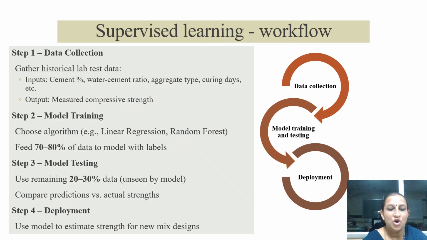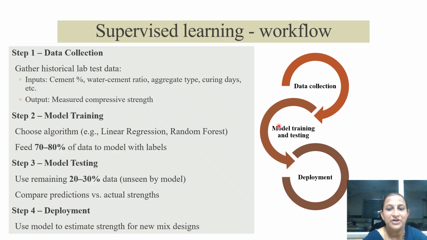The steps involved: the first step is data collection, where the data required to predict the concrete compressive strength will be collected. That can be lab data and test data. All these data will be combined together and the required input and output will be given. Then next is model training and testing. For model training, we'll use 70 to 80% of data, whereas for testing, we'll use 20 to 30% of data.